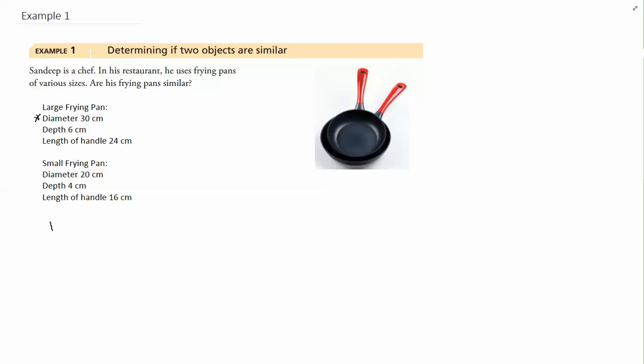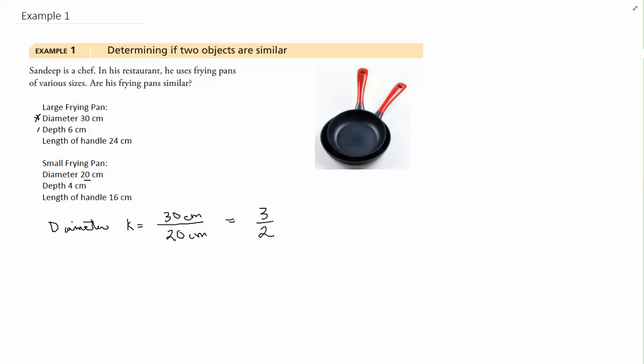What is the scale factor as we go from the small diameter to the large? Let's treat the large as the reproduction, that's 30 centimeters, and the smaller diameter is 20 centimeters, so we have a scale factor of 3/2.